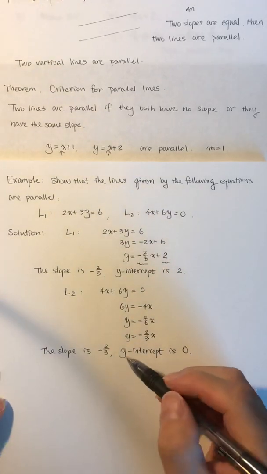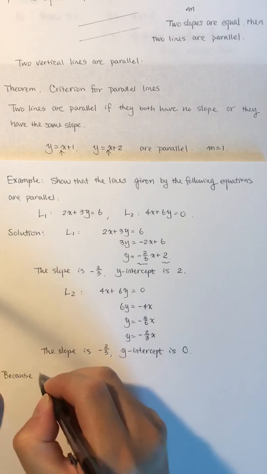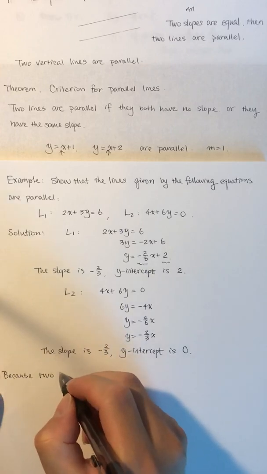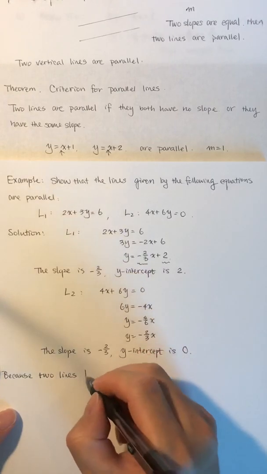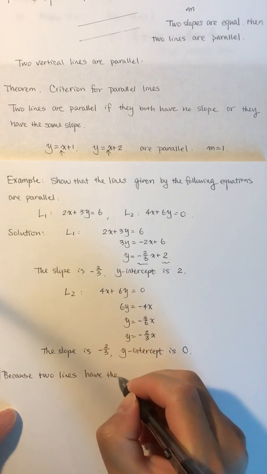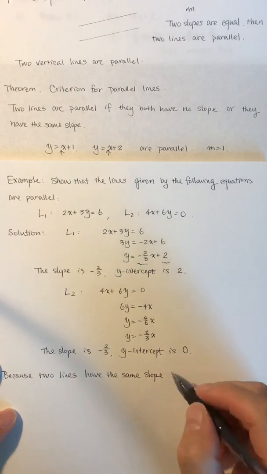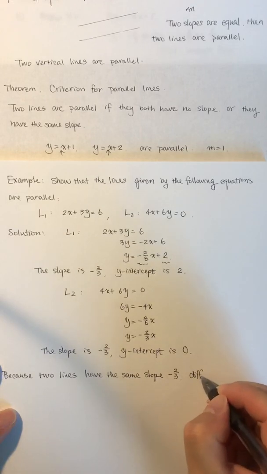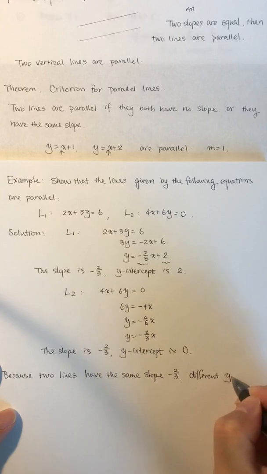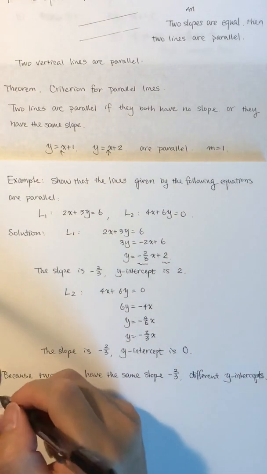Okay, so because two lines have the same slope, negative 2/3, and different y-intercepts, they are parallel.